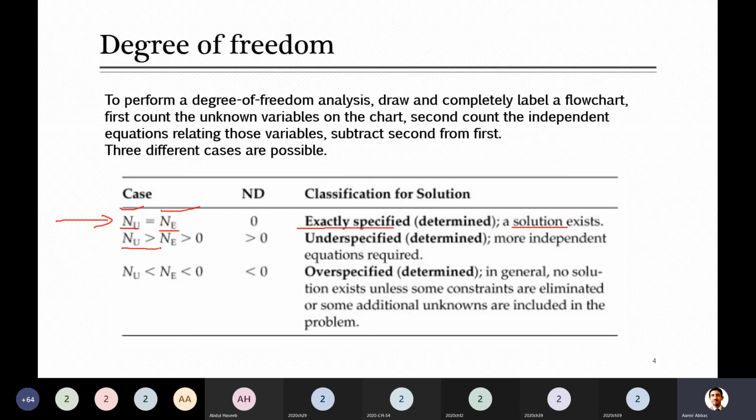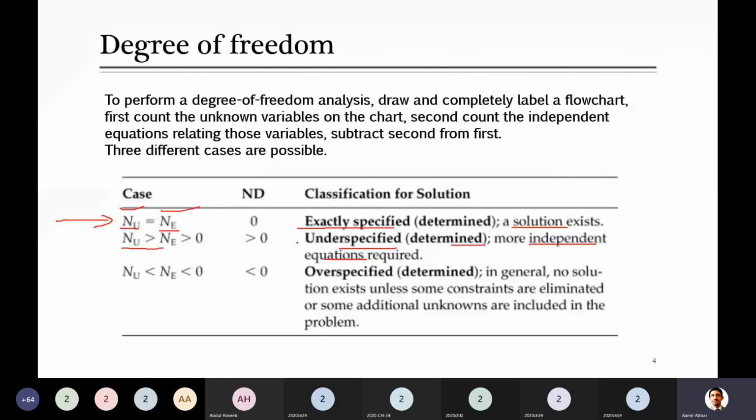Then there is the underspecified system. Underspecified means you need more equations, because here your unknowns are more than the equations. So when the number of unknowns is greater than the number of equations, you need more equations to solve the problem. The remedy is to look for more equations.